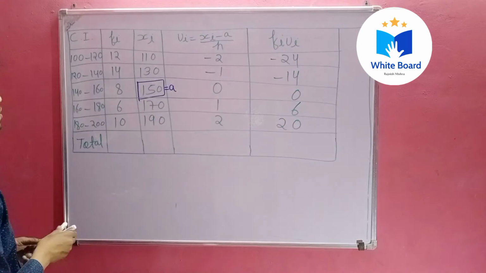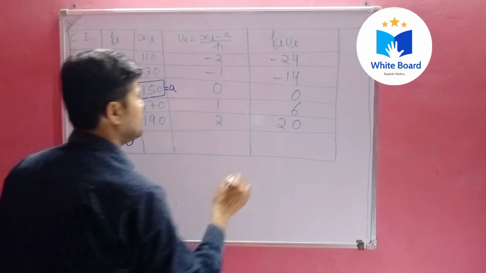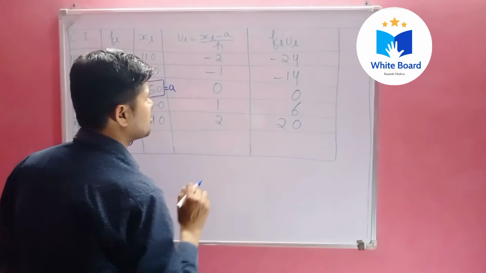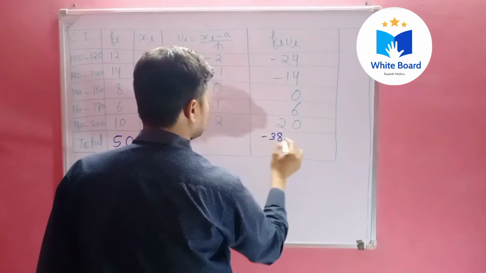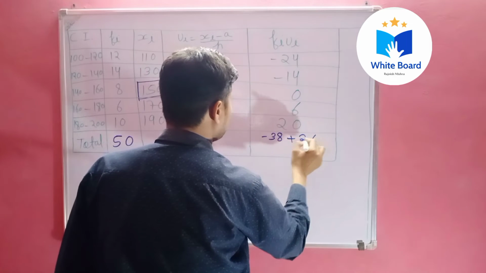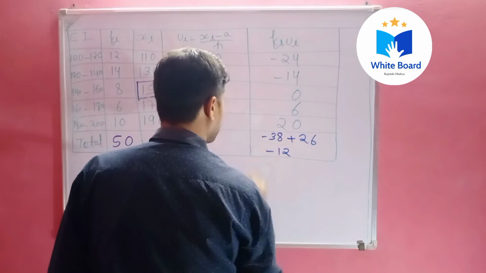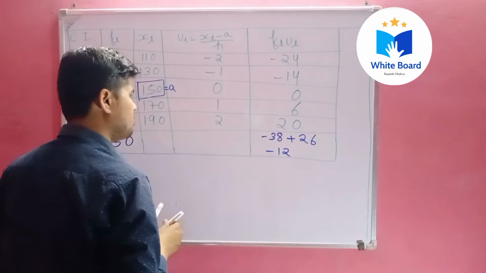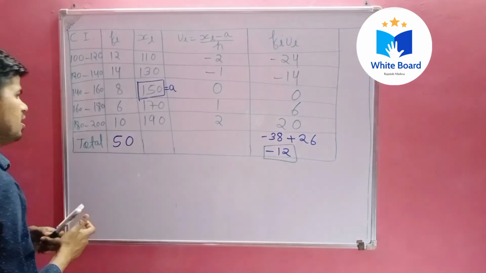As the total number of workers is given in the question also, this will come equal to 50. And here we have 20 plus 6, 26. And this is minus 24 minus 14, minus 38, plus 26, and we will get here minus 12. Here minus 12 is the required summation fi ui.